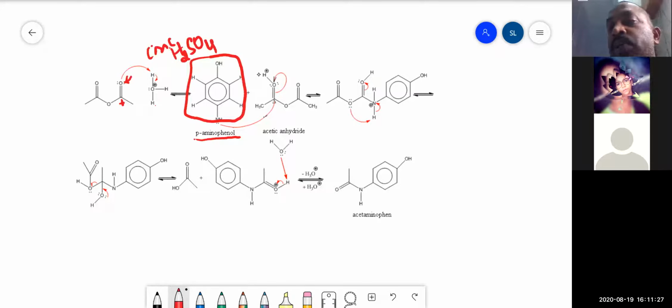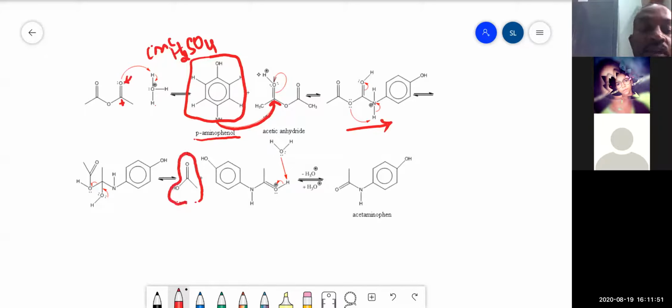They will tend to go and react with the positive charge. So it goes and reacts with the positive carbon which is present in the acetic anhydride, and thereby it will undergo a series of rearrangements to eliminate acetic acid and give the acetylated product, paracetamol.